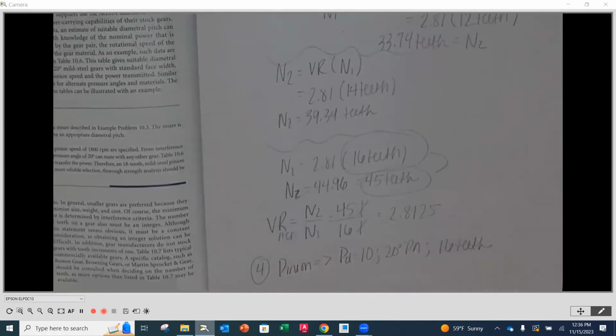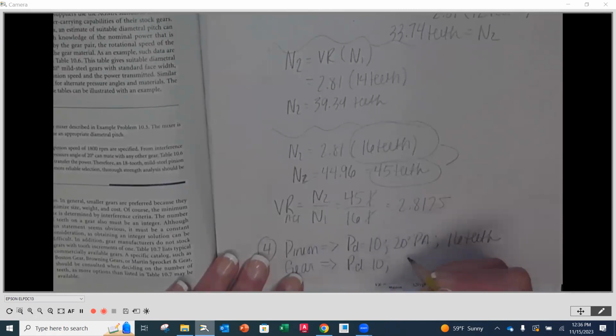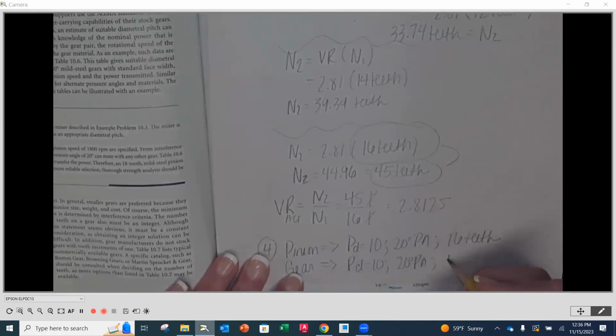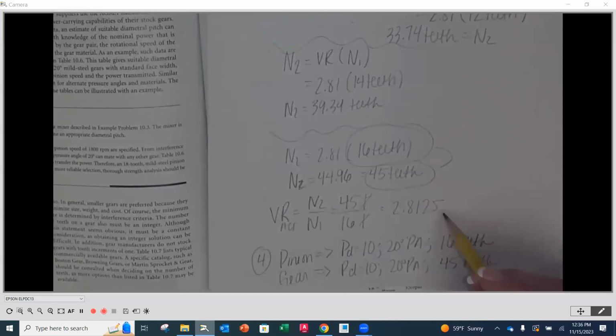Okay, we need those three things: diametral pitch, pressure angle, and the number of teeth. And then our gear is going to be diametral pitch of 10, pressure angle 20 degrees, and the number of teeth here is going to be 45 teeth. Okay, so that would be your answer. Calling out the specifications for the gear and the pinion to obtain that velocity ratio.